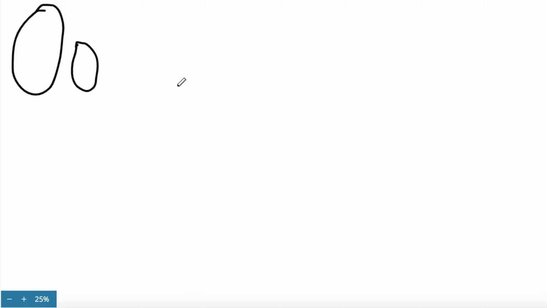The tracing is the same. So let's write a word. R, O, P. Right now, this vowel is making a short sound. We don't have the magic silent E at the end, so it's rop.